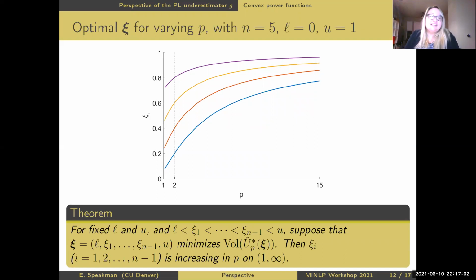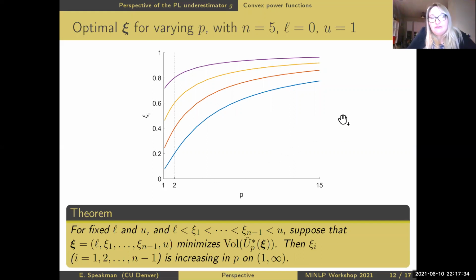However, we can say something. So if I have a fixed L and a fixed U, and I have this vector of linearization points that minimize my volume, then it turns out that each component of that vector is increasing in P. So I think this is much more intuitive to see in the picture. So here my L is 0, my U is 1.